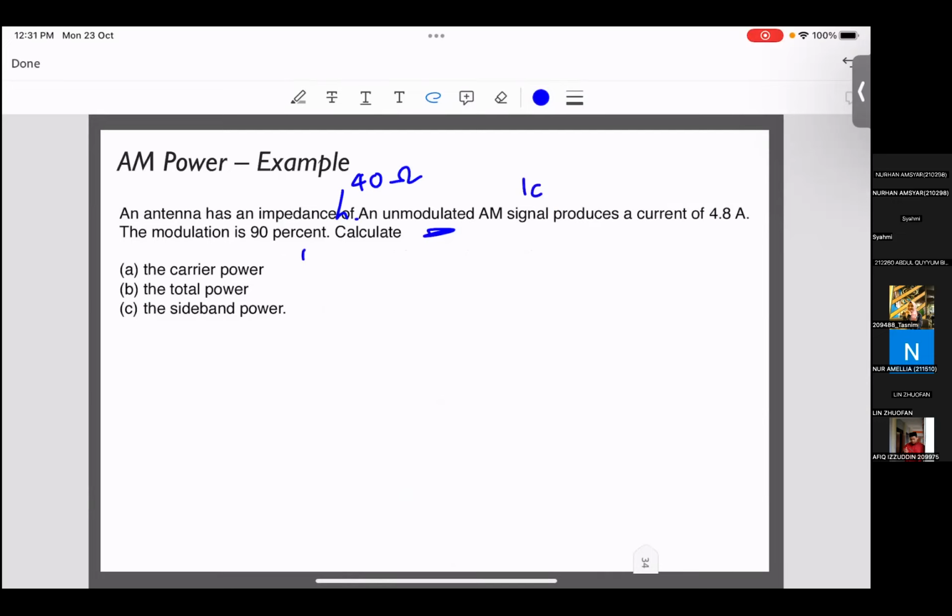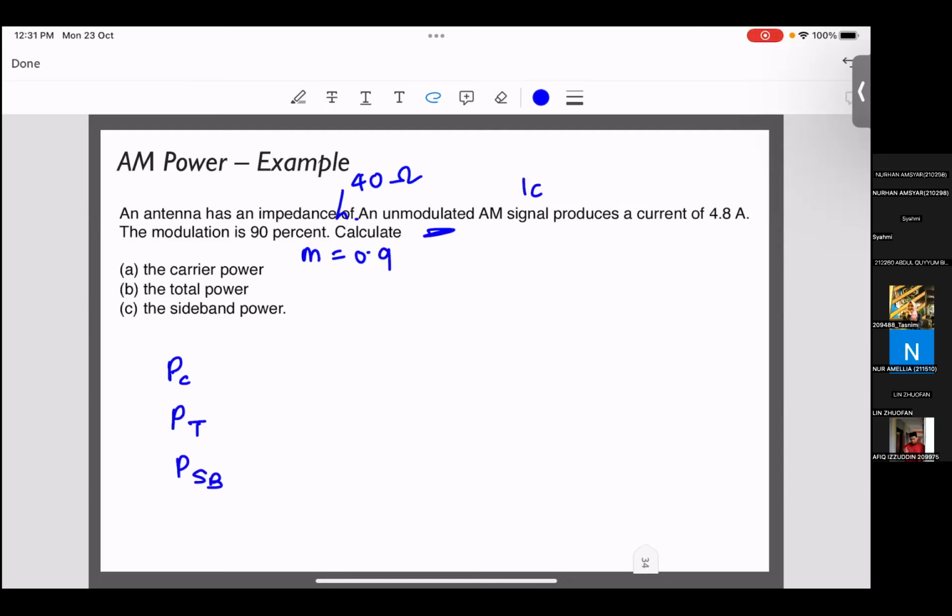The modulation is 90%, so that's going to be 0.9. So what is the carrier power? Carrier power is PC. Total power is PT, and sideband power is PSB.